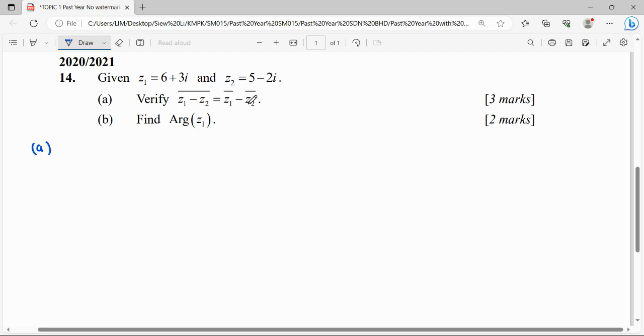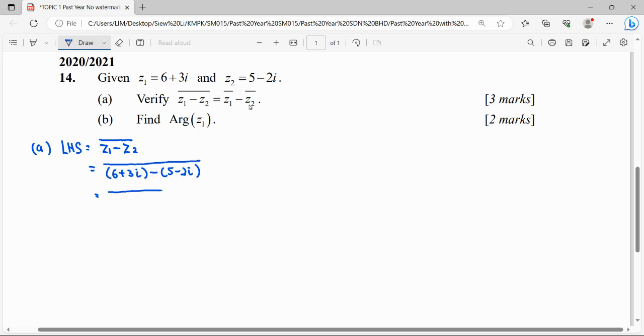side operation. In order to do this kind of verification, we need to separate for the left-hand side. We find out what is its answer. For the conjugate of complex number 1 minus complex number 2, we are going to do the operation of 6 plus 3i minus 5 minus 2i.